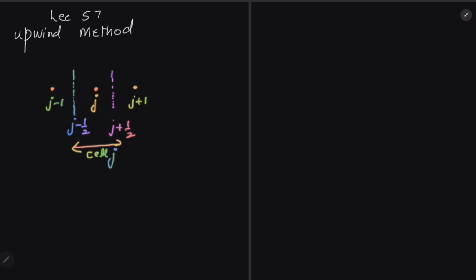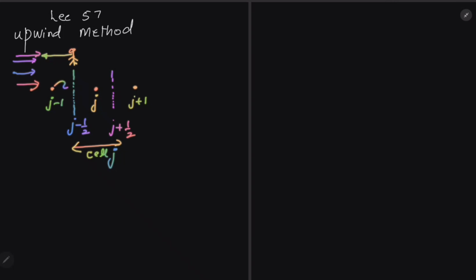Suppose that the wind is traveling from left to right. So it is more obvious that you should focus on the left hand side. If someone is standing over here, he or she can see the wind from that side.